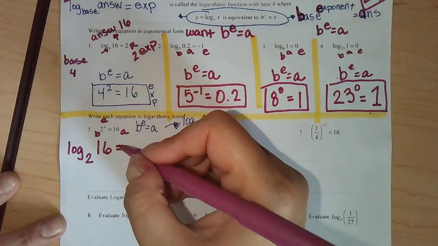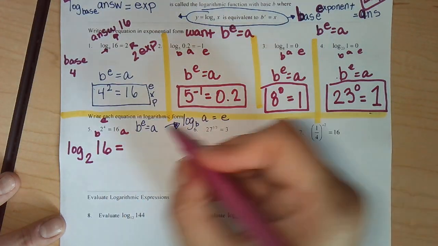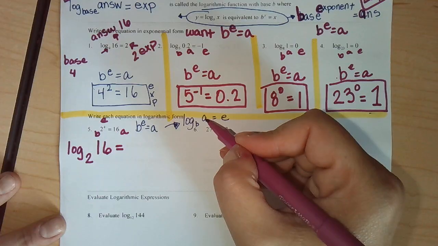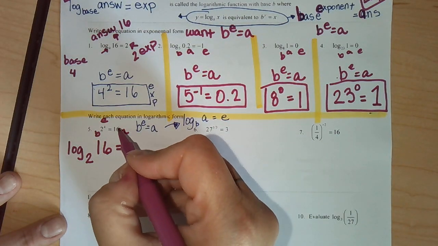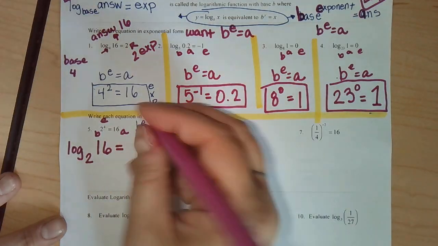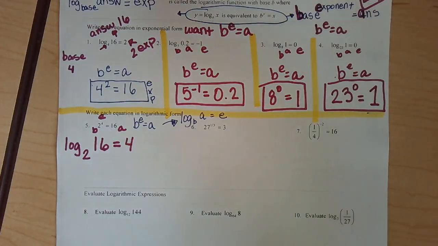Okay. Did I do that wrong? No, I didn't. Okay, so we got log B, A, and then equals E. What's my E? Oh, 4. Okay. Let me show you how to write that like on lines.